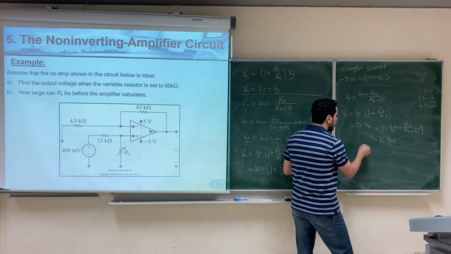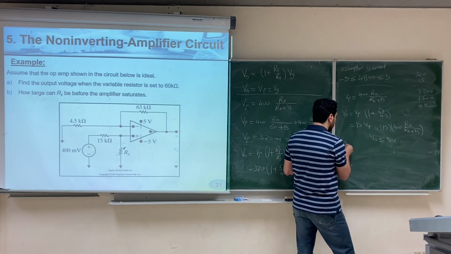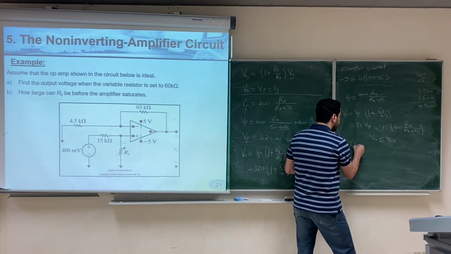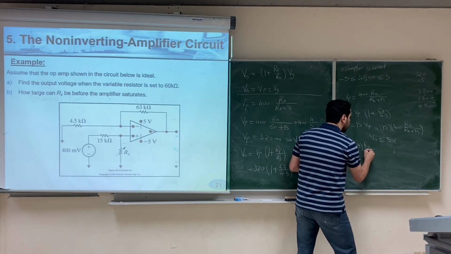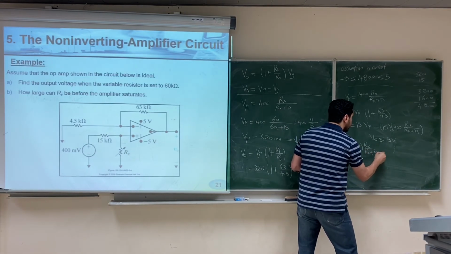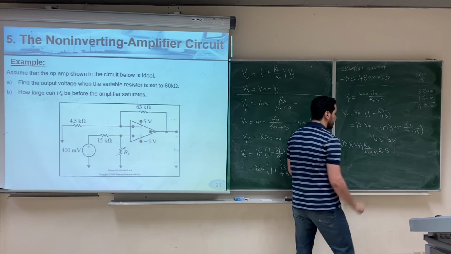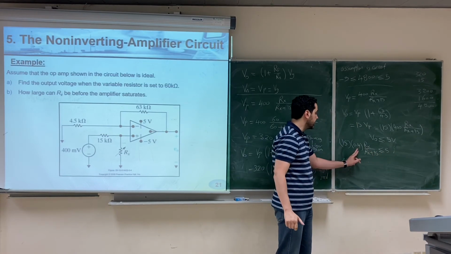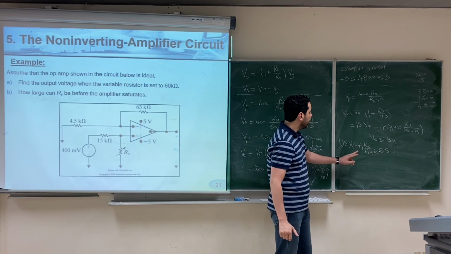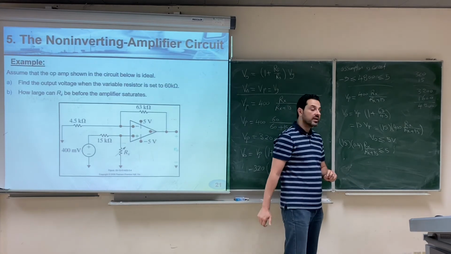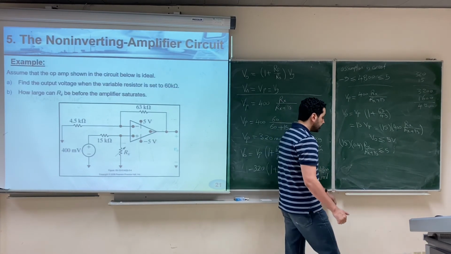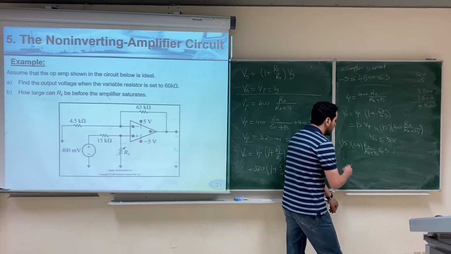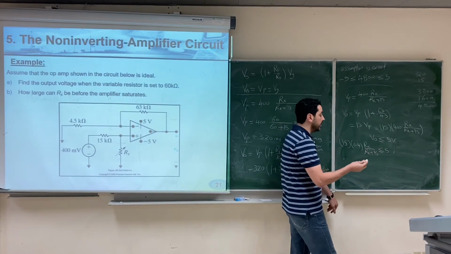So we can say now that 15 multiplied by 0.4 volt multiplied by Rx over Rx plus 15 must be less than or equal to 5. Now this is in volt, this is in volt, right? And all the resistors are in kilo ohm. Okay? So now we should do some mathematical manipulation.